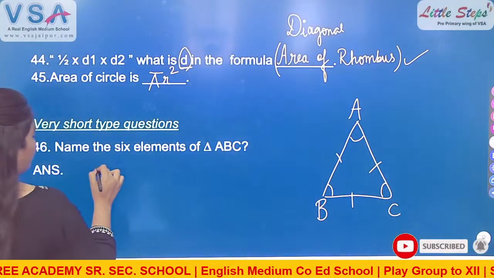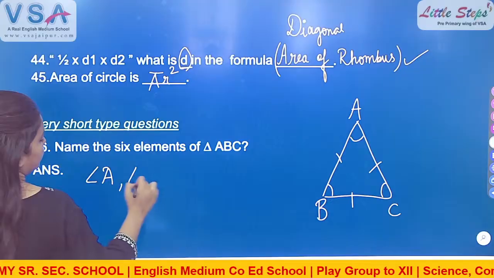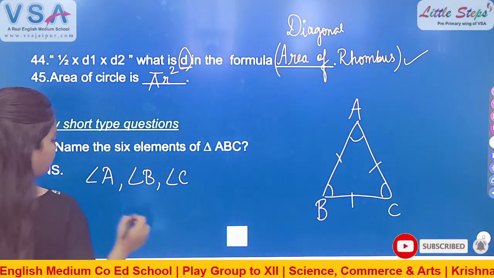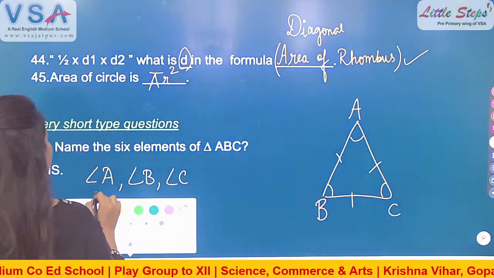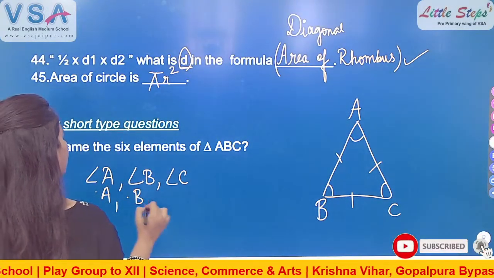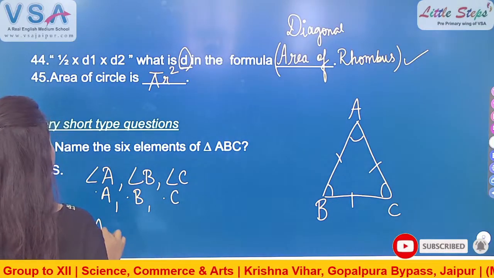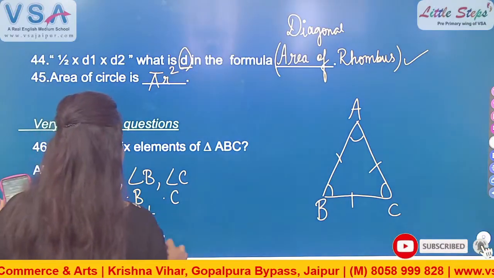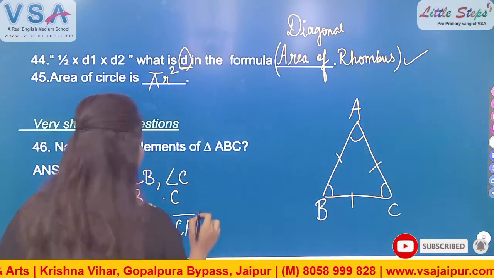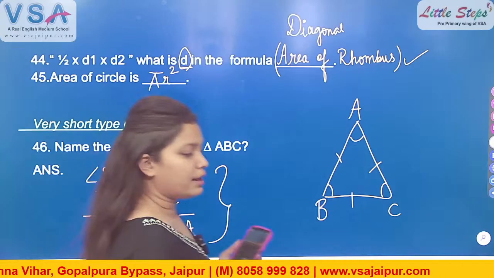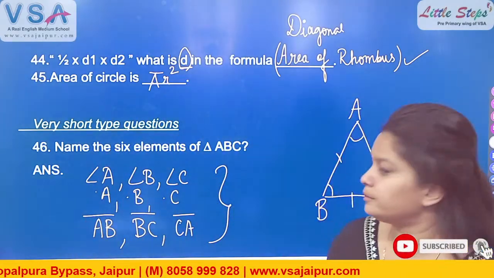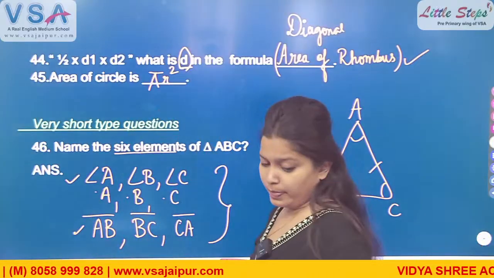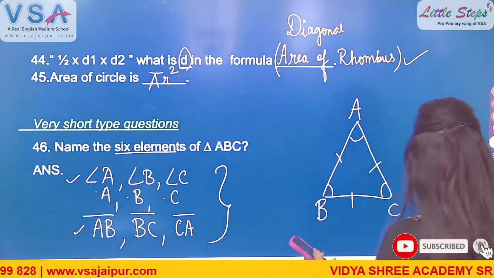We can write angle A, angle B, angle C, vertices A, vertices B, vertices C, or else we write AB line, BC, and CA. You can write any 6 of them, or else you will write angles and sides. This is compulsory to write angles and sides. 6 element पूछे थे. That is done.